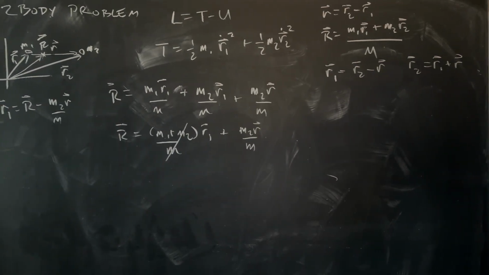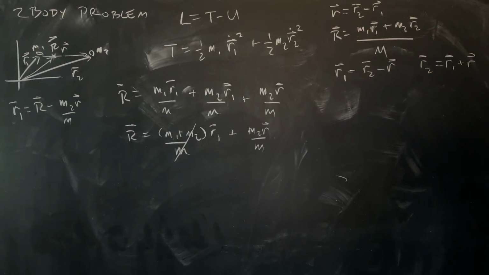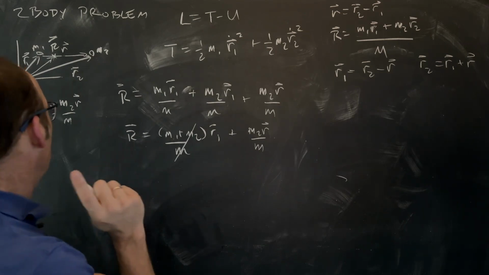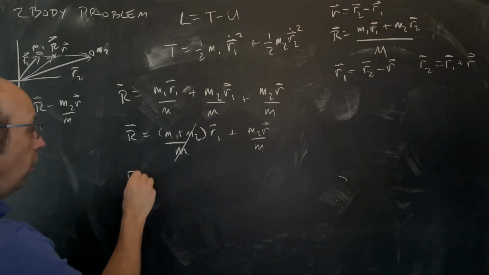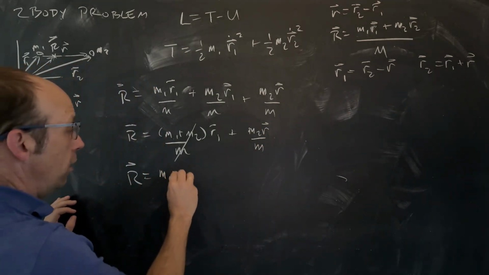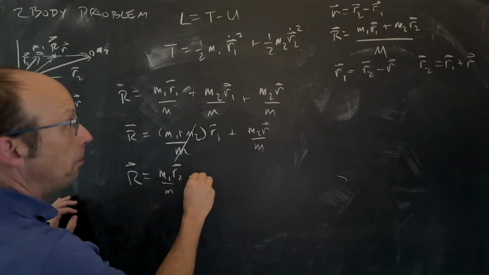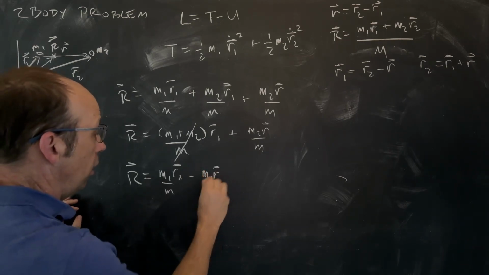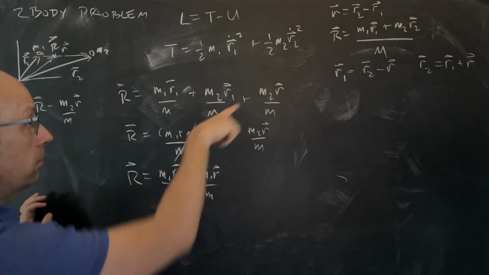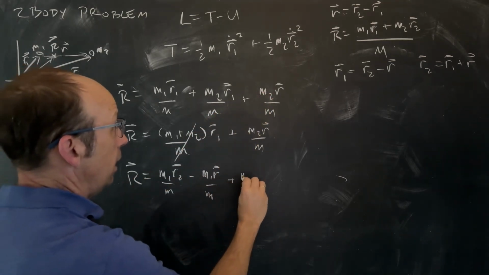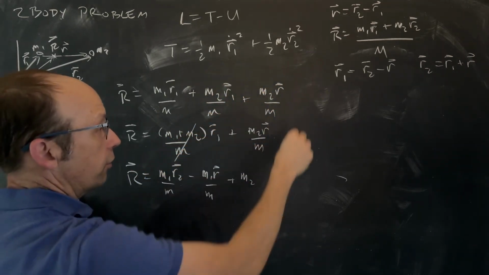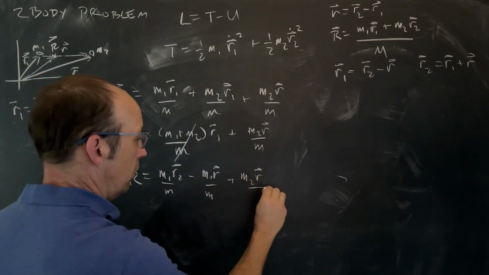Camera adjustment time. I think I kicked my camera. Okay. Now we're going to do the same thing, but get R in terms of r2. So up here I'm going to substitute in r1. So I have m1 r2 over m minus m1 r over m. And then I have that last term, plus m2 r2 over m.